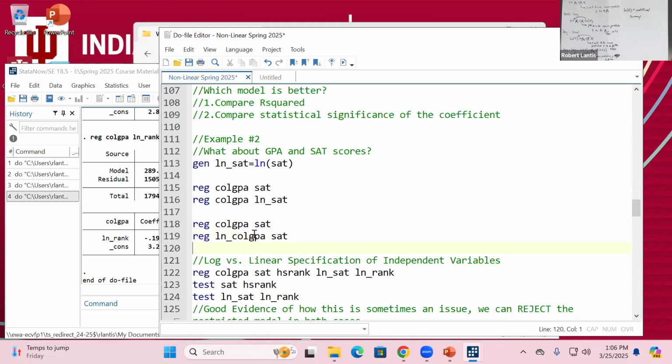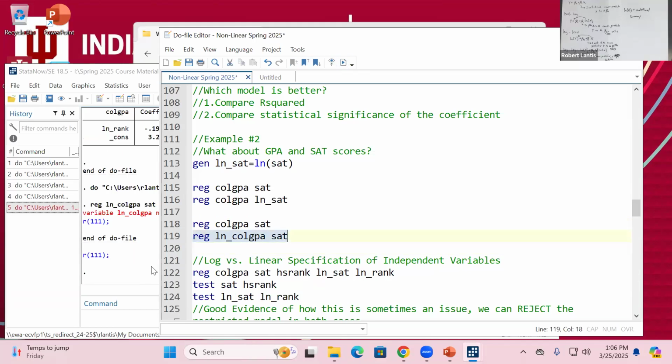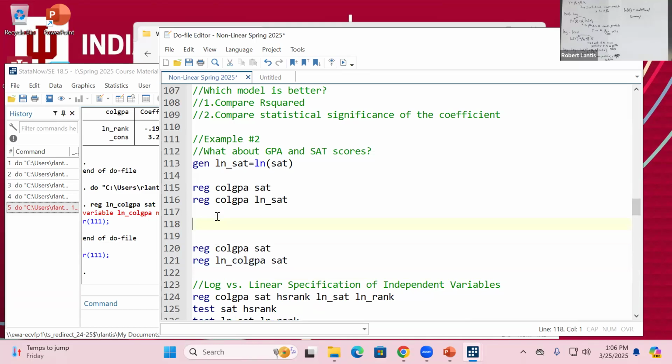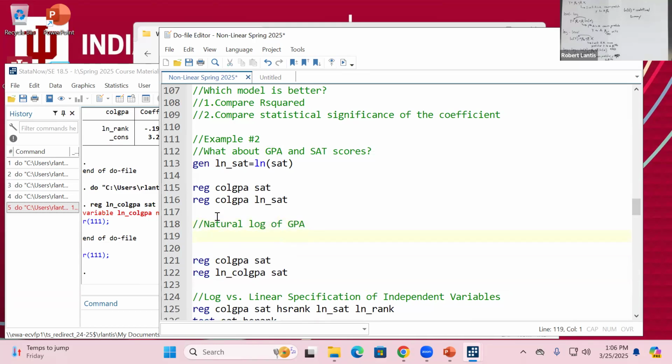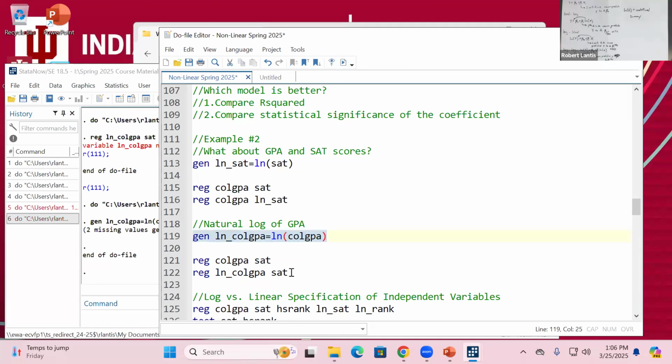Now, the problem is I haven't created that variable. So I'm going to need to create the natural log of GPA. I'll generate this new variable where I take the natural log of the variable I'm interested in. Okay. I'm then going to run that level and my now log level model.